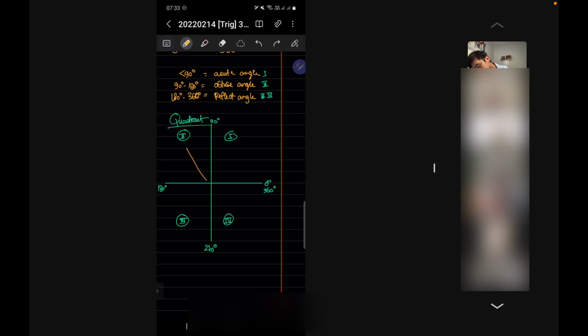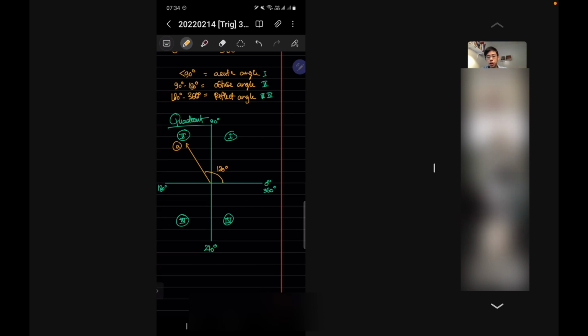So for example, this is number A, 120 degrees. You start from the right-hand side at 120 degrees, and then you are trying to find, in terms of an acute angle, what the 120 degrees is equal to.